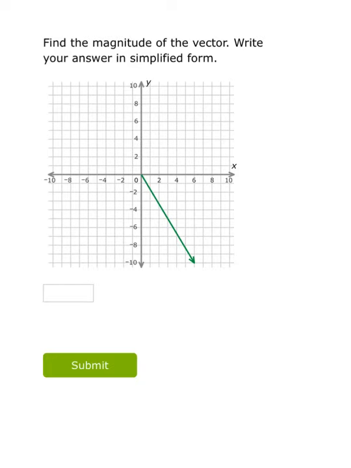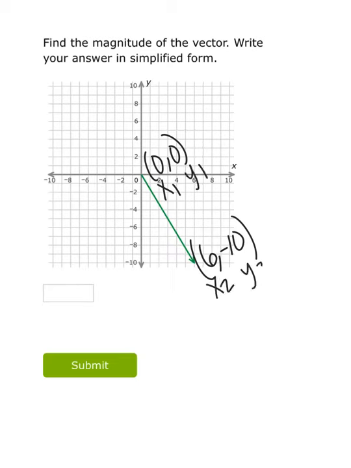So for this example, we need to use the distance formula because we can't just count the length of the vector. It's a diagonal, so I need to use the distance formula. I can tell that my initial point is at 0, 0, and my terminal point is at 6, negative 10. So here's my x1, y1, x2, y2.